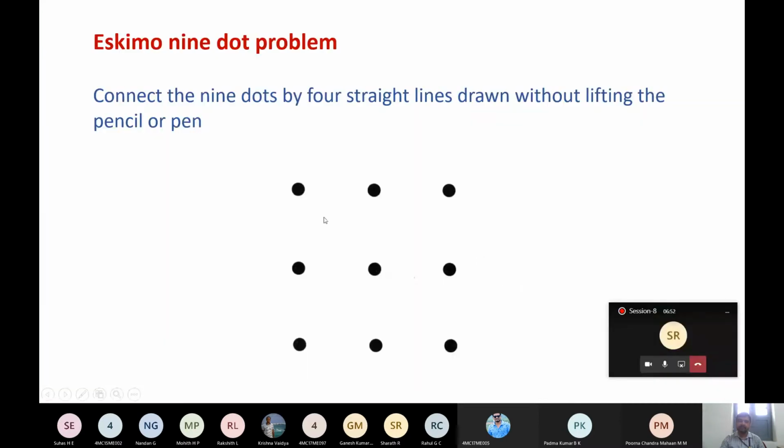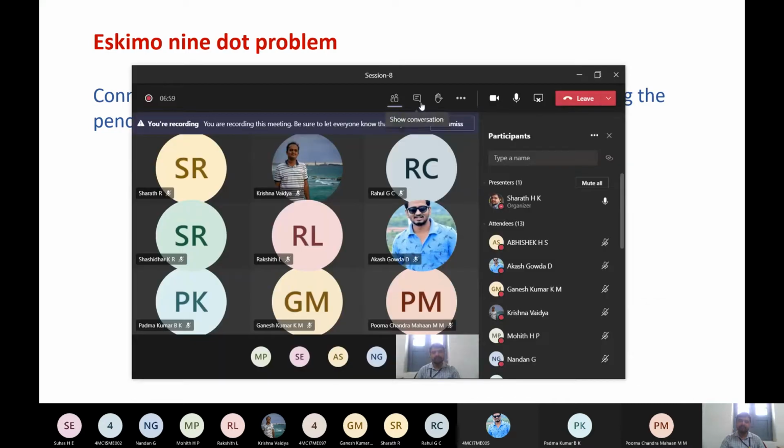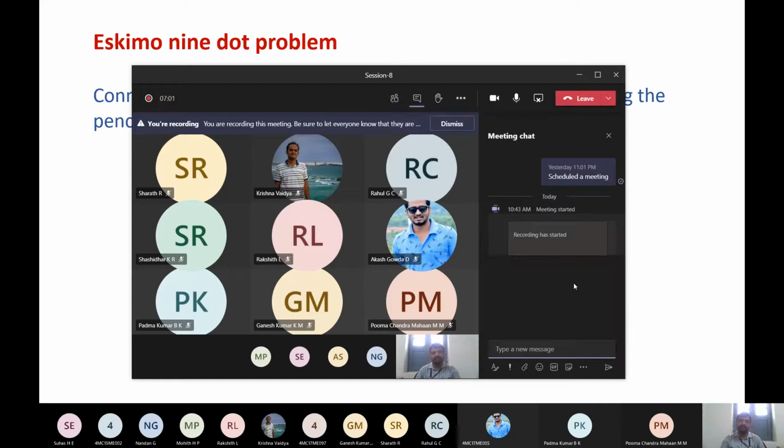These are the 9 dots, 3 rows and 3 columns. My question is, is it possible to connect all 9 points using 4 straight lines without lifting your hand while connecting? What is your answer?